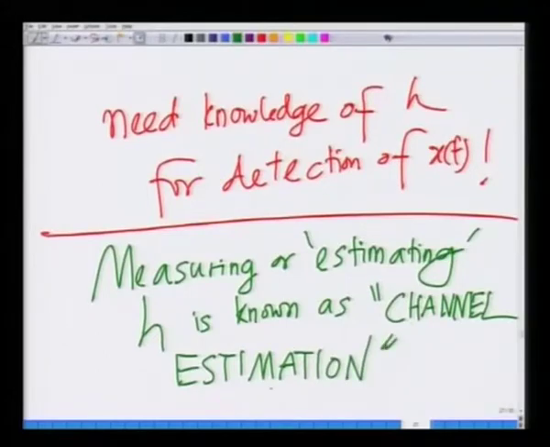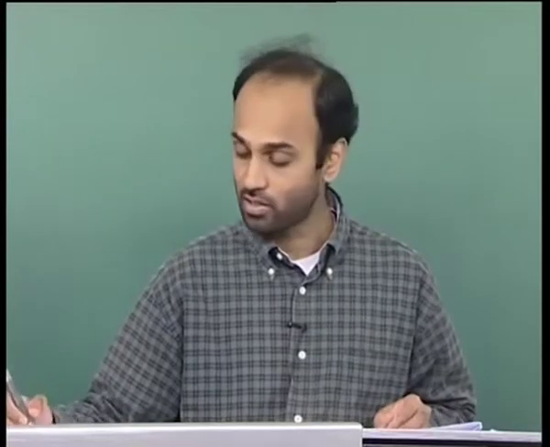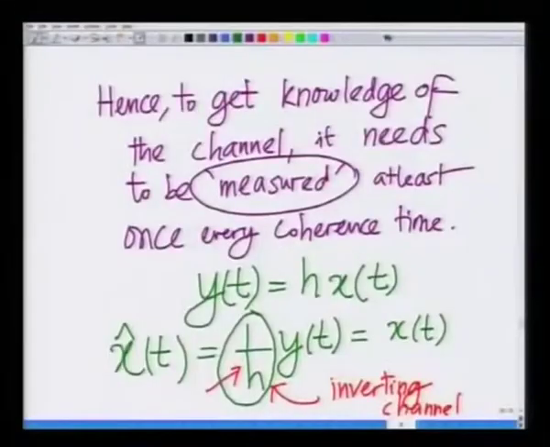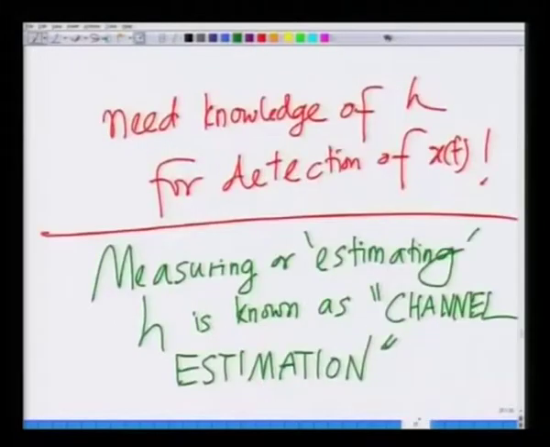Channel estimation is a key procedure in every 3G, 4G wireless communication system. It is a very critical aspect, because as we saw, we need h for detecting the transmitted signal.